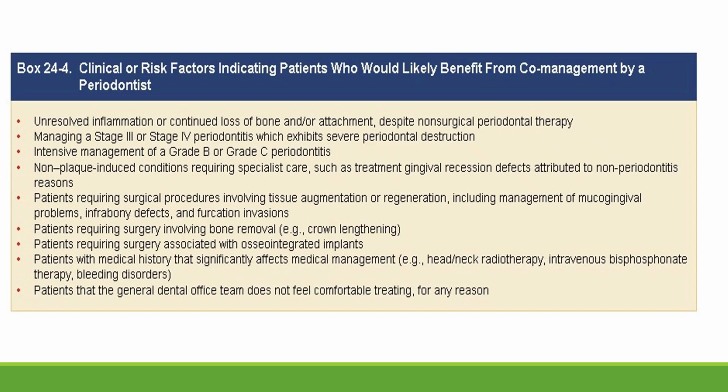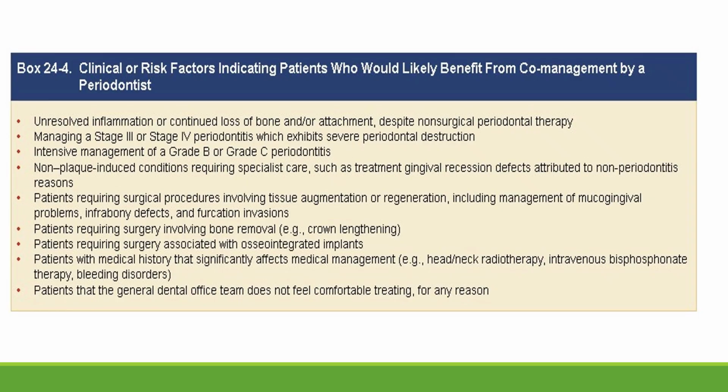Again, clients who require surgeries that involve tissue augmentation or regeneration, if they have furcation involvements or bony defects, maybe they have to have bone removal, which is crown lengthening, maybe they have to have implants put in, maybe they have a medical history that is more involved and requires that support from a periodontist.